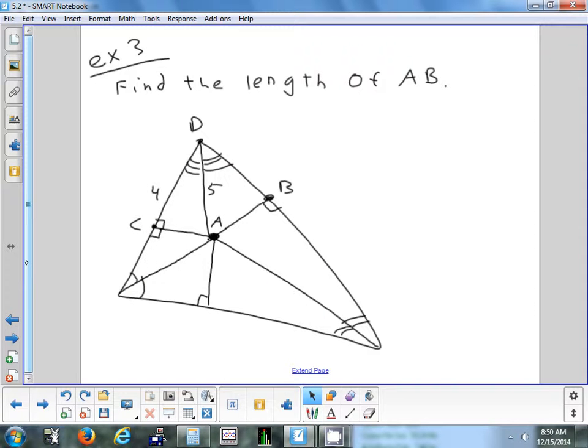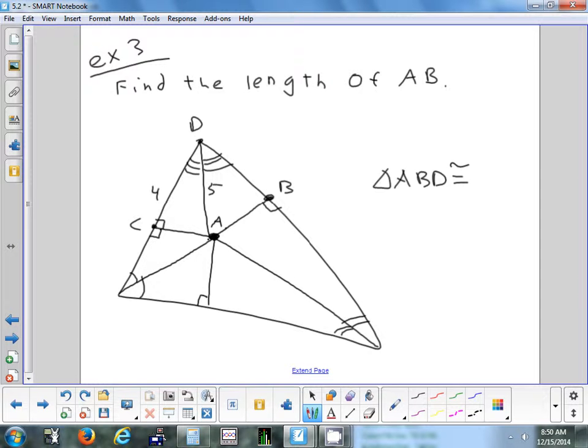Okay, so they want us to find the length of AB. Technically right now we don't really have enough information to find AB directly, but if we look at the triangle that it's in, ABD, which triangle would that be congruent to?